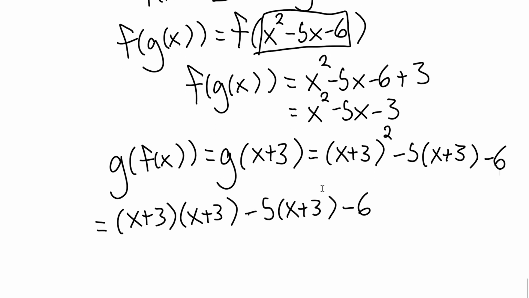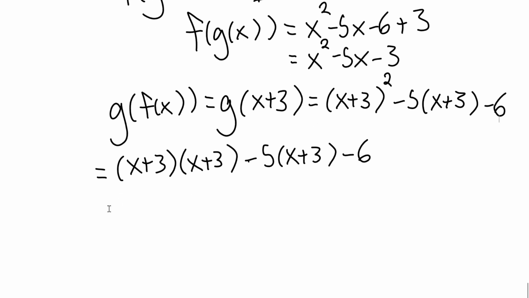I alluded to the FOIL method. If you have two binomials like this and you want to quickly do the distributive property, you can multiply the first terms together, the outer terms together, the inner terms together, and the last terms together.